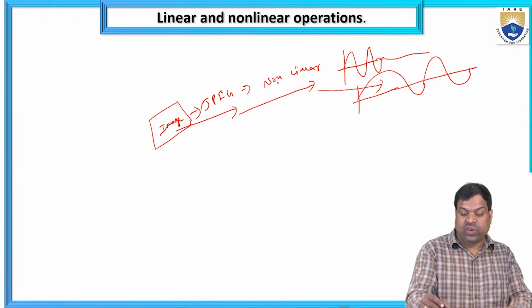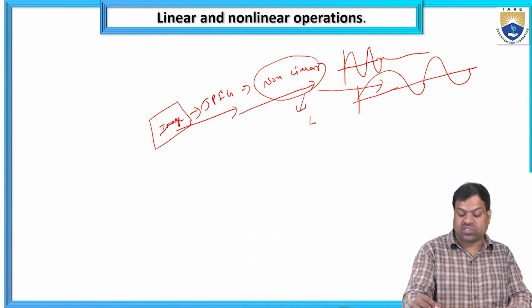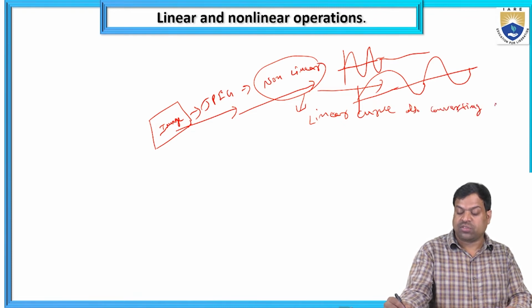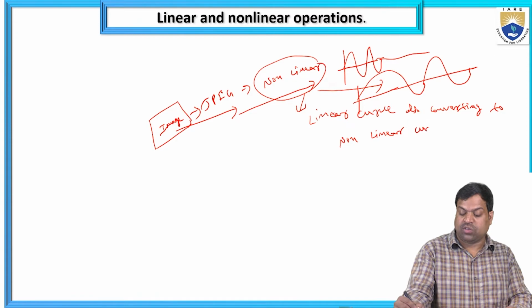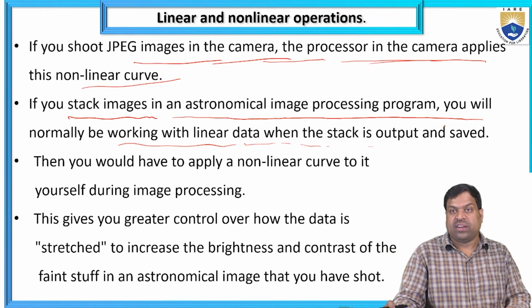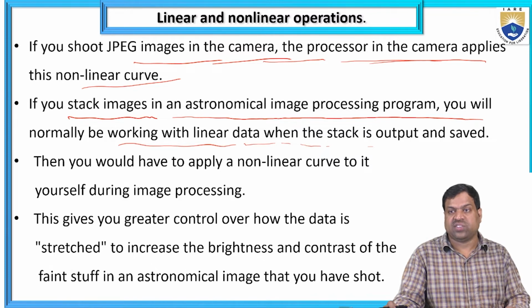So linear data is converted to a non-linear curve, and this gives greater control over how the data is stretched, increasing the brightness or contrast of the faint details in the astronomical image.